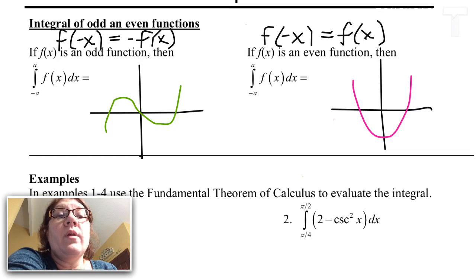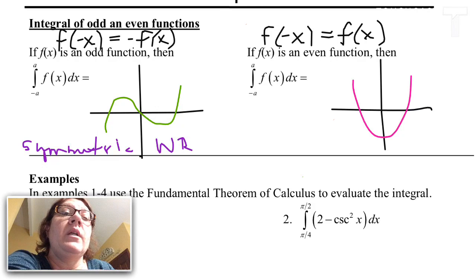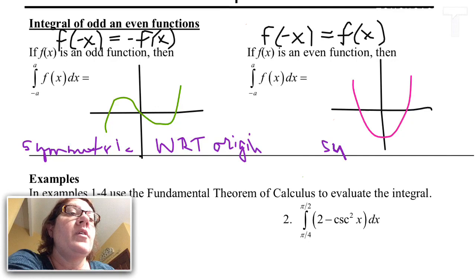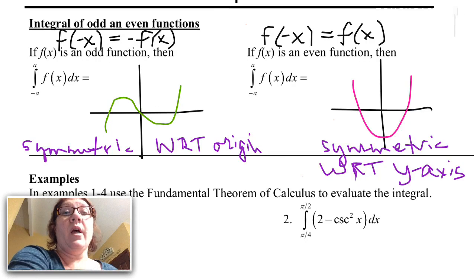And so if I have an example here for each one, if I use this example for the odd function, remember it's symmetric with respect to the origin, meaning I can do a 180-degree turn, versus this one, the even function is symmetric with respect to the y-axis, meaning I can fold over the y-axis and it lines up on top of itself.